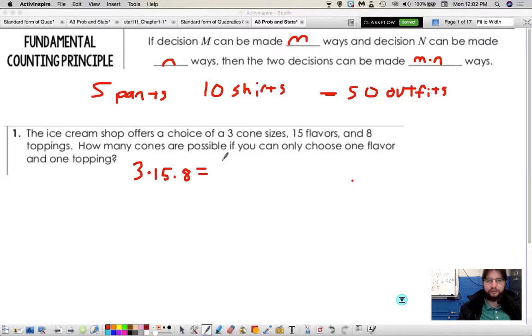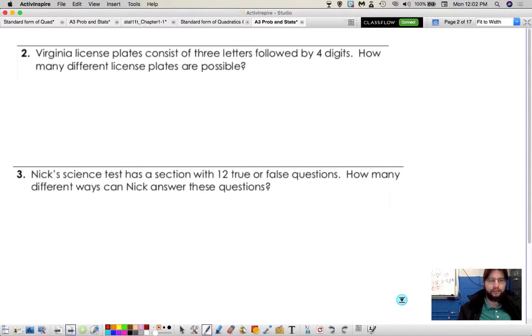You get 360. So there's 360 different ice creams you can make with 3 cones, 15 flavors, and 8 toppings. Now let's assume you only choose 1 flavor and 1 topping. If you do more, it gets a lot more complicated.